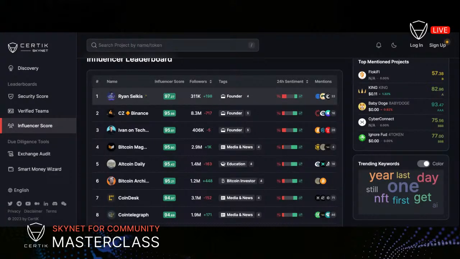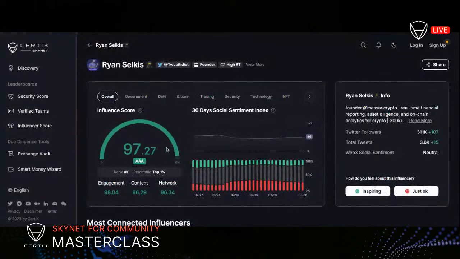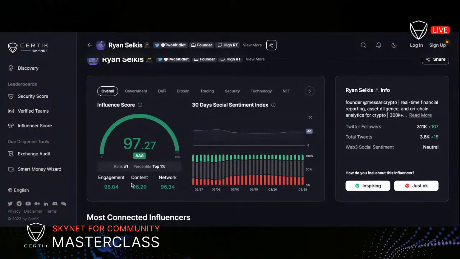Do they make a real impact on overall Web3 sentiment and community sentiment? Those are all very measurable things that we can analyze. If you go into the profile itself, it breaks out what the overall score is a metric of. It's really three things: engagement, content, and network, analyzing all three of those areas in real time, and then aggregating that to create an overall score.